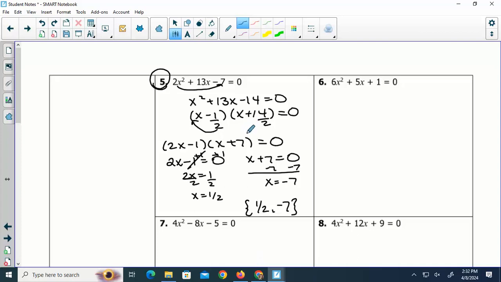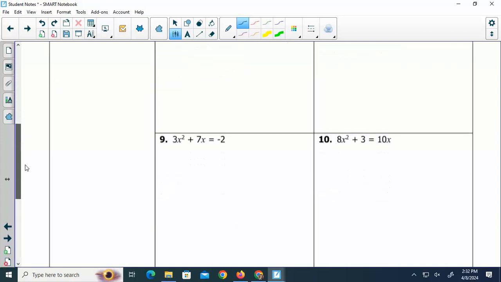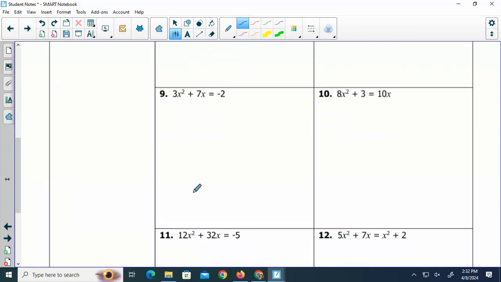Okay, I want to go to number 9. What is wrong with this one? Right. So we had something like this on Friday. If it's not equal to 0, first you have to bring that negative 2 over. So we have to add 2.